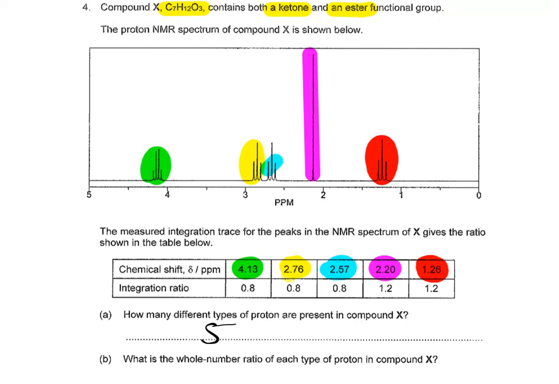If you imagine that was an 8 to 8 to 8 to 12 to 12, and we simplified that down, then we would get 2 to 2 to 2 to 3 to 3. If we add those up, we get to 12, so 12 hydrogens in our compound.